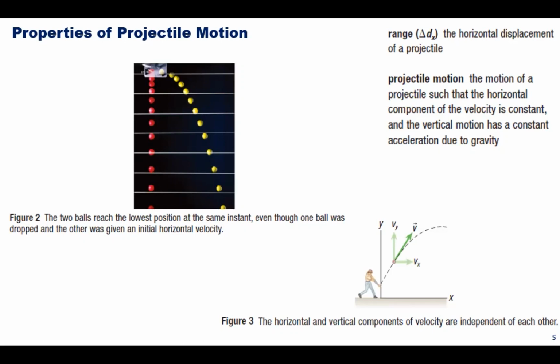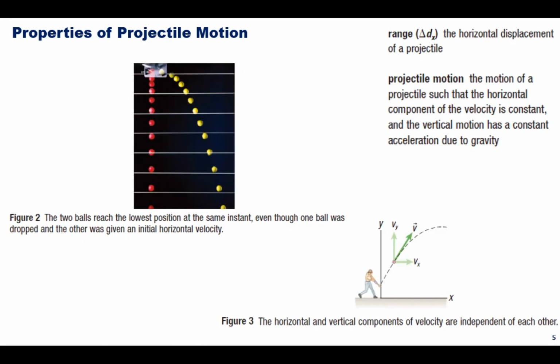The horizontal displacement of the projectile, in this instance the ball, is called the horizontal range, which is usually denoted by delta x. The horizontal motion is also constant. The trajectory forms from the combination of the independent horizontal and vertical motion.